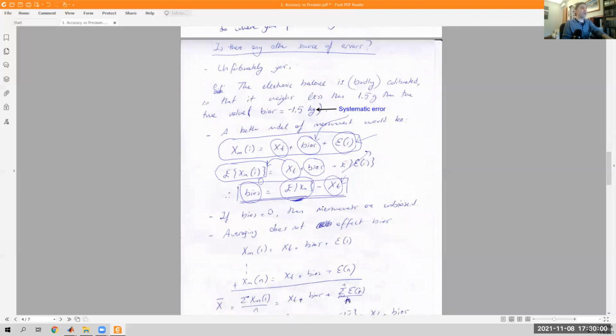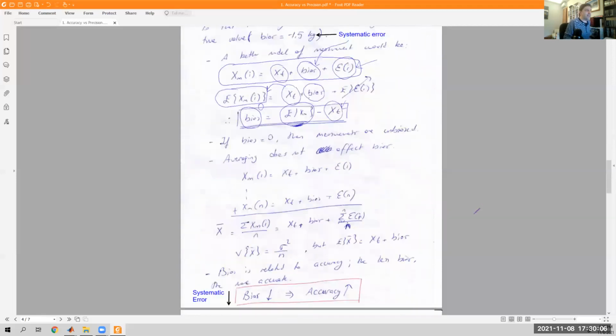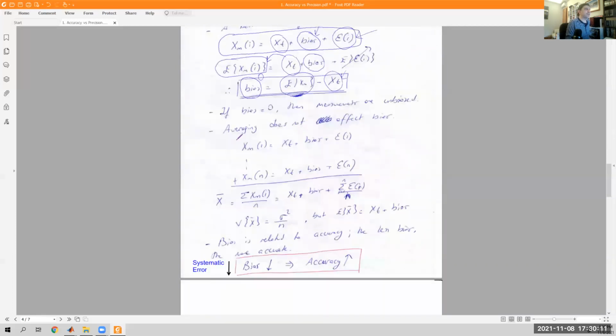Now, what about the variance? We may say, can't we do the averaging thing here and get rid of bias? Unfortunately, no. If I repeat the experiment with my upgraded model, I add the bias term, add these values and divide by n, averaging.